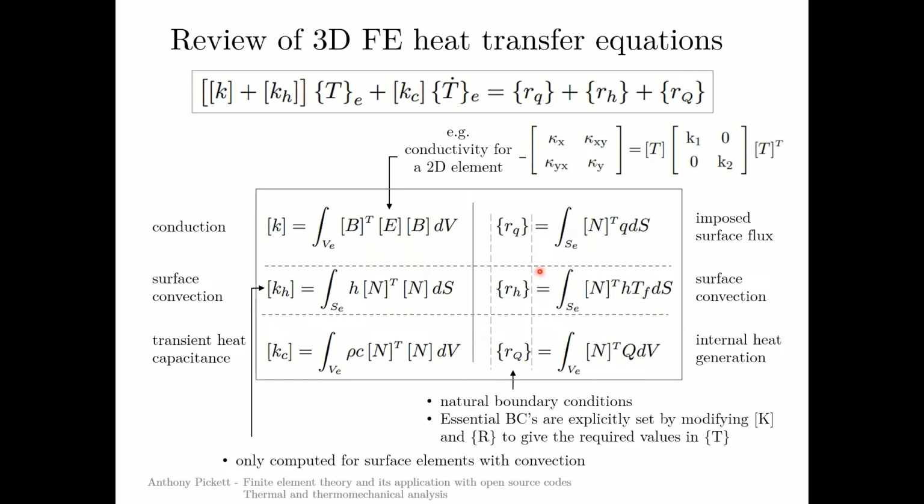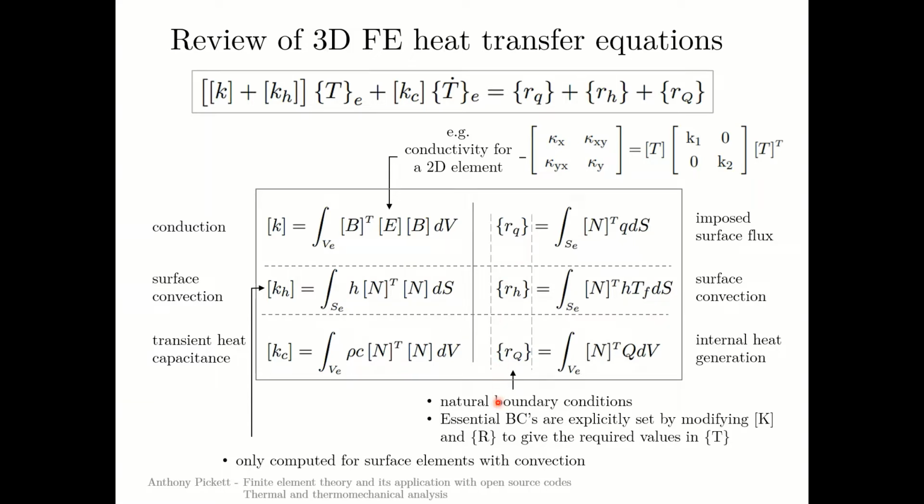If we have an imposed flux, some flow being imposed at the surface somewhere, then this would be the equation that would be used, and here is the value of the flux. This will basically convert this flux to equivalent nodal values, which will be in here.